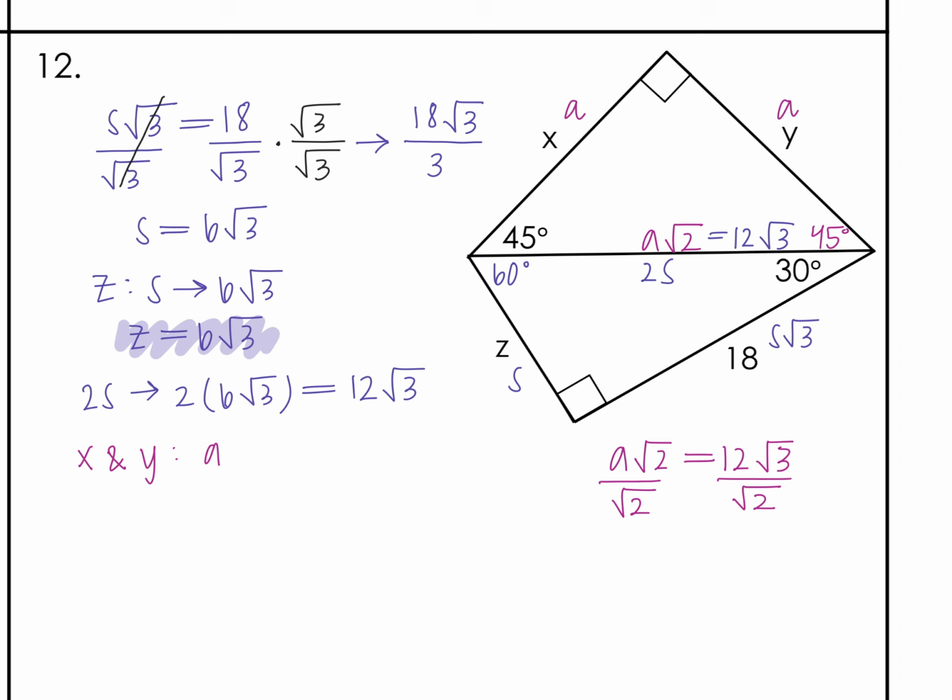And I'm able to cancel out on this side. And on the other side, I do have to rationalize. Okay, so then we'll get that my a is equal to 12 root 6 divided by 2, which we know is going to give me that 6 root 6.